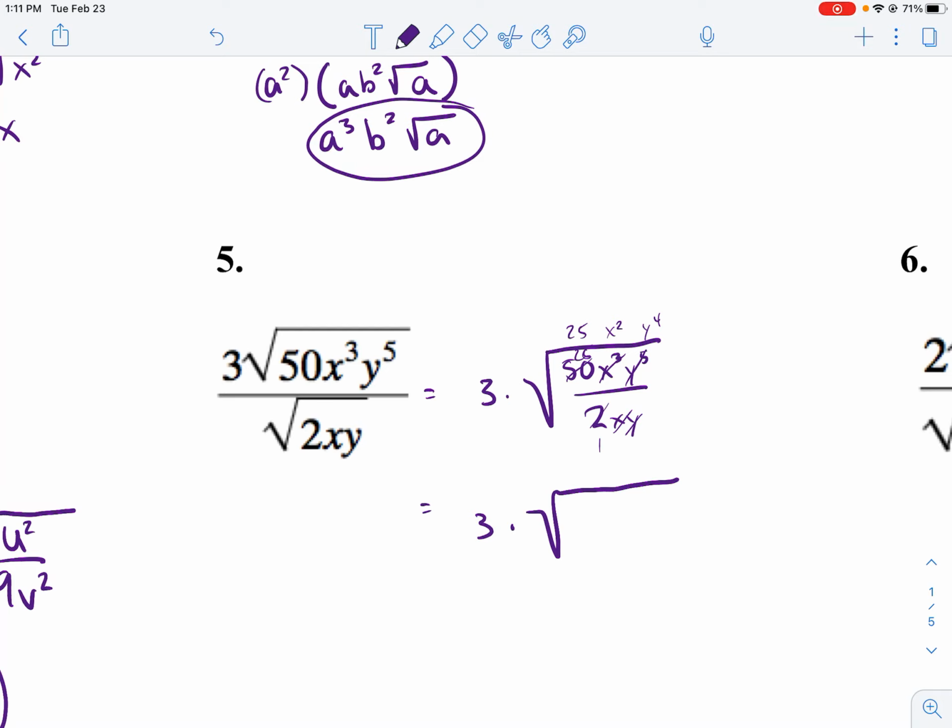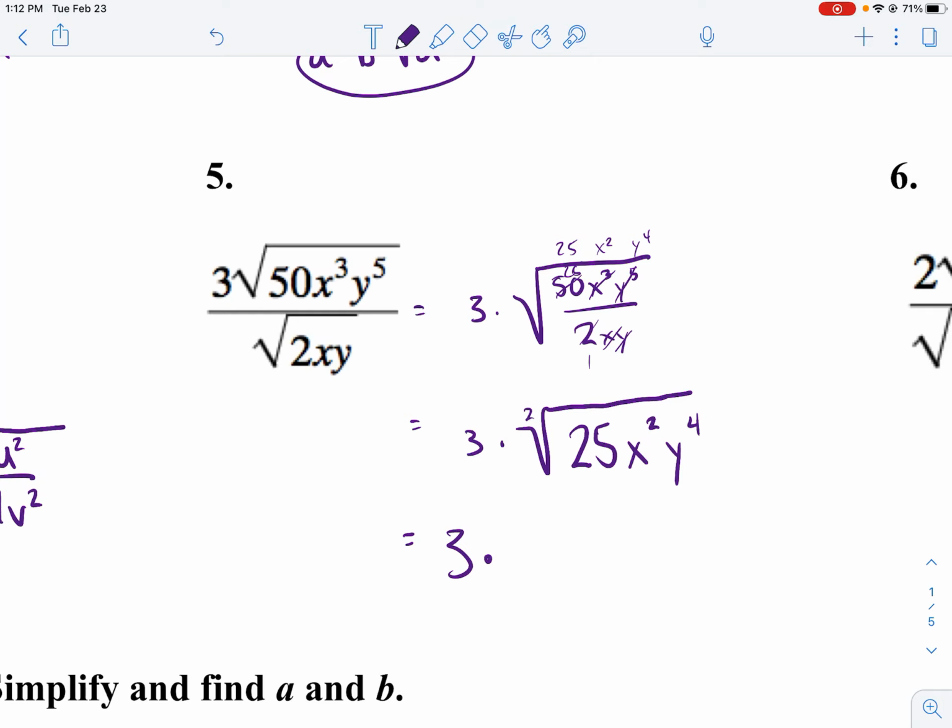Everything in the bottom cancels, so all I have left is 25 x squared y to the 4th. What's nice about this problem is I see nothing but even exponents, and we have an even index, so I know we're not going to have anything left underneath the radical. It's going to be 3 times the square root of 25, which is 5.